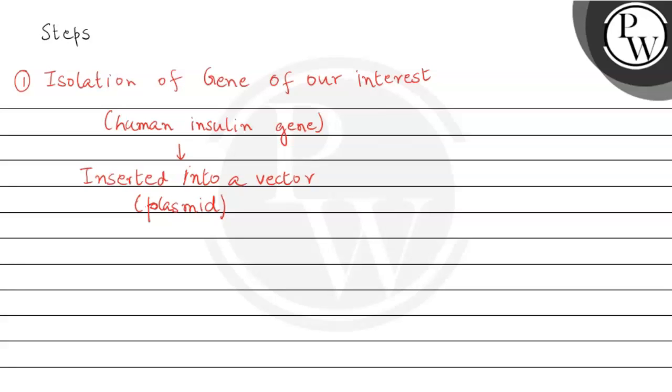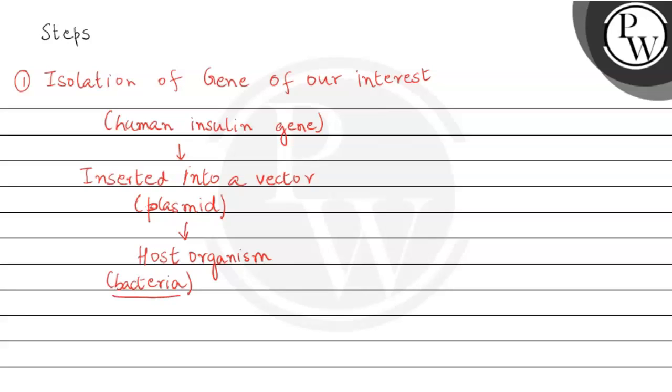After the insertion of the gene of interest into our vector, this vector is then introduced into the host organism. The host organism in this case is bacteria. So now we can see that the human insulin gene, which was responsible for the production of human insulin, is now introduced into the bacterial genome.